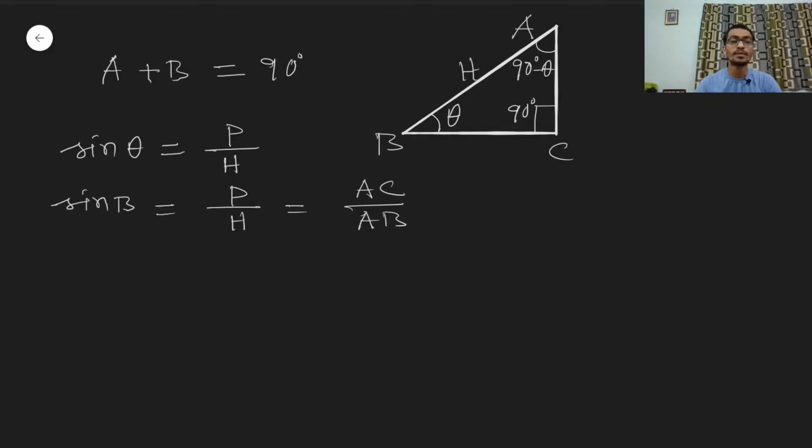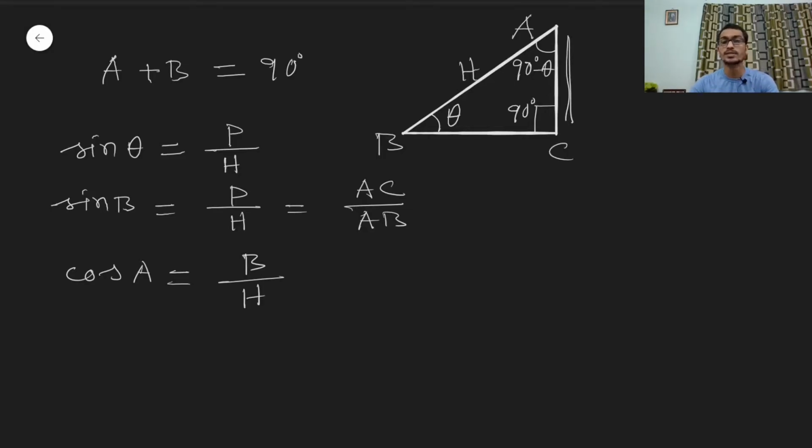Now if we think about cos A, what is cos A? Here angle A is the considered angle, and by the definition cos A is base by hypotenuse. The adjacent side to the angle A is the base.